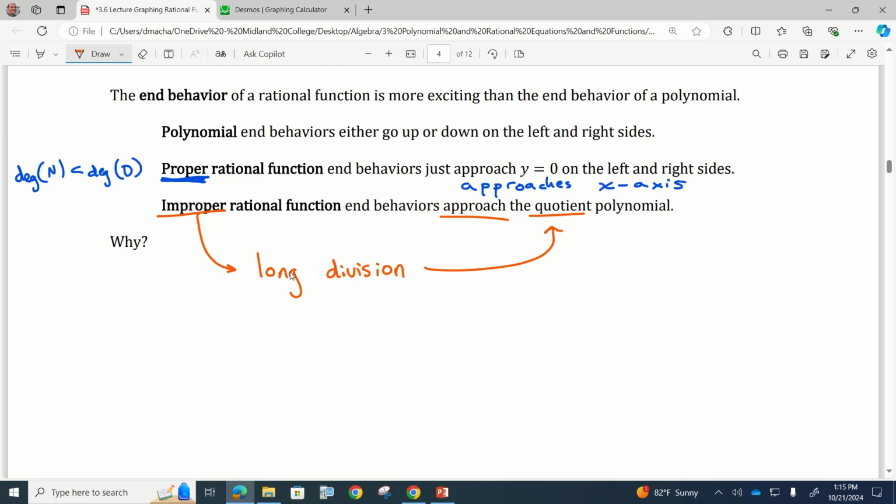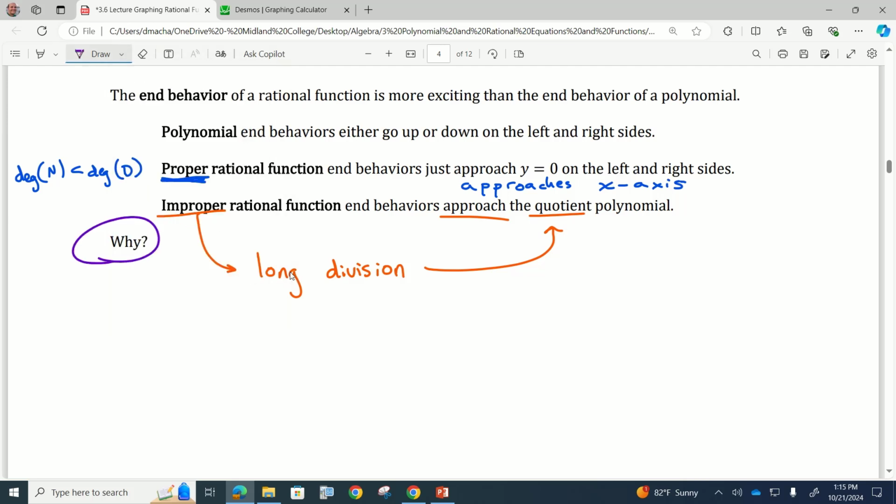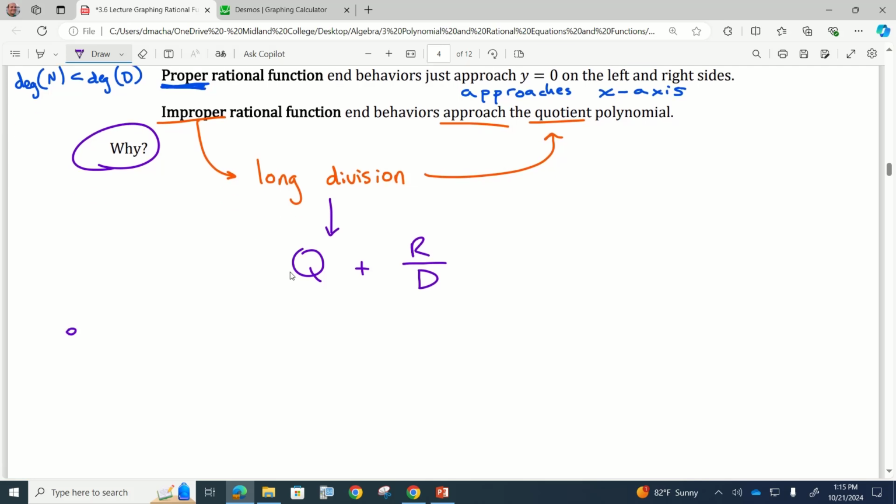But first, in case you're wondering, why does an improper rational function eventually approach the quotient? It's because long division allows us to rewrite our improper rational function as a mixed form where we get the quotient plus the remainder over the denominator. And here's a little example of just what that might look like.